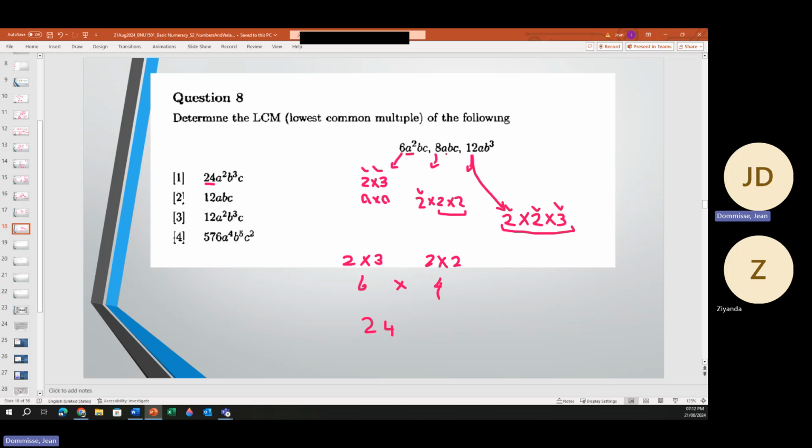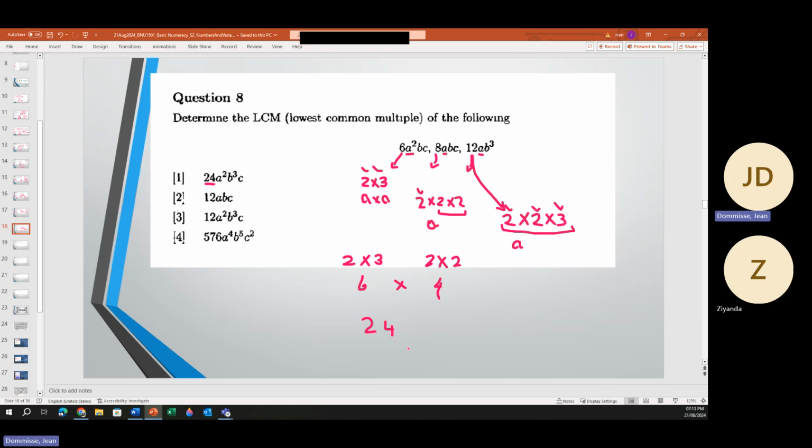In the second one, we only have one A, and in the third one, also only one A. So if I'm looking at the lowest common multiple, again, it needs to cover all of them.